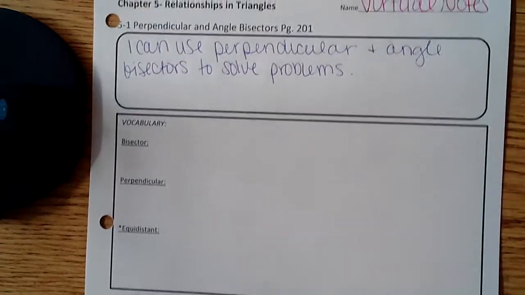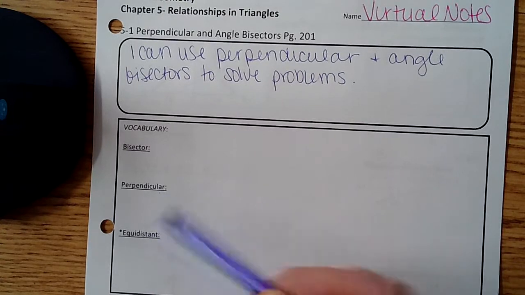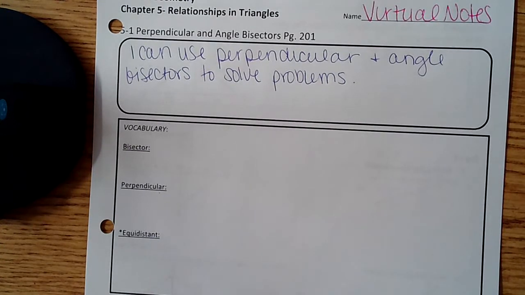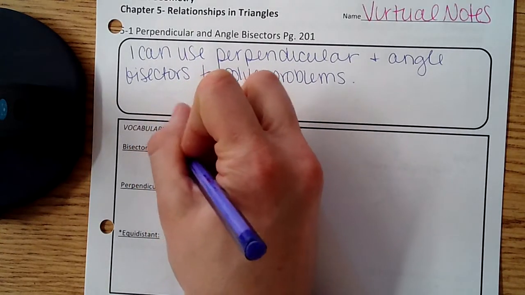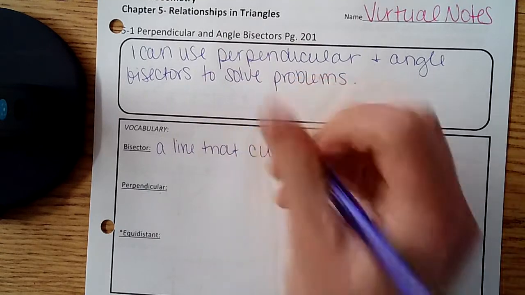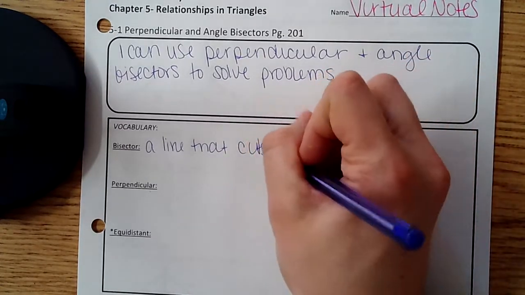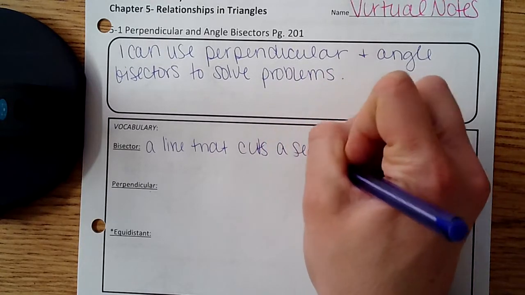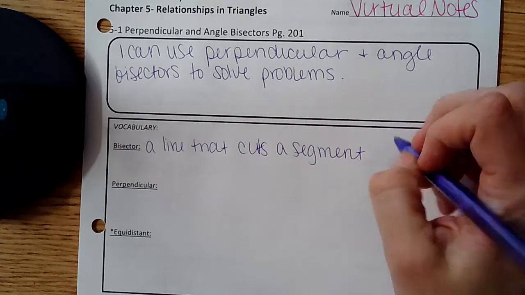All right, so we're going to talk about what a bisector is, what perpendicular means, then what equidistant means. A bisector is a line that cuts a segment in half.